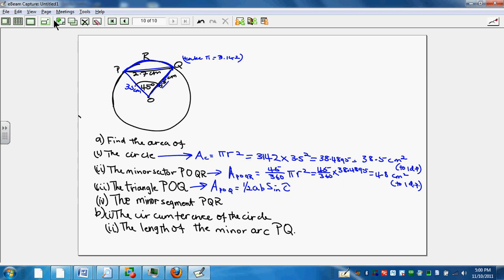Therefore we could use this equation, because A and B represent the length of any two sides, and C is the angle included by those two sides. So we could easily put in a half multiplied by the length of one side, 3.5 centimeters, by the length of the other side, 3.5 centimeters again, and we multiply that by sine of the angle included, which is sine of 45.